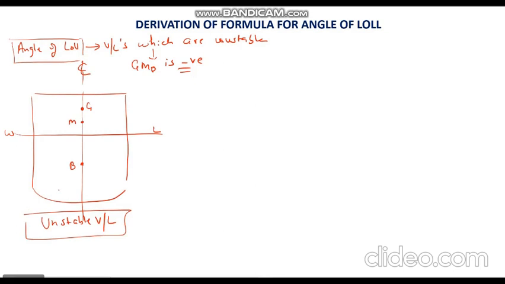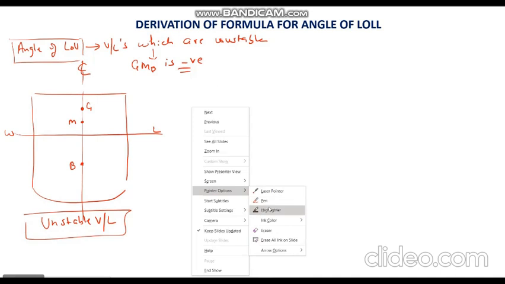Okay. Now, as long as this vessel remains exactly upright, that means not even the minutest heel or inclination, then the weight and buoyancy are in equilibrium. Why?